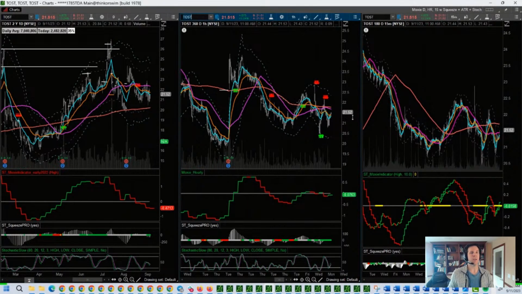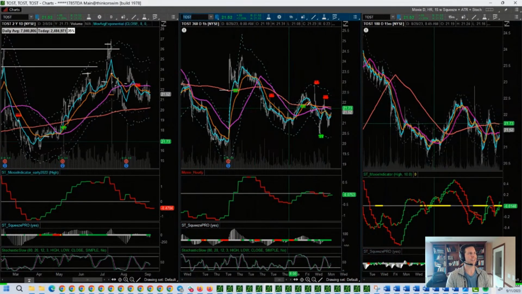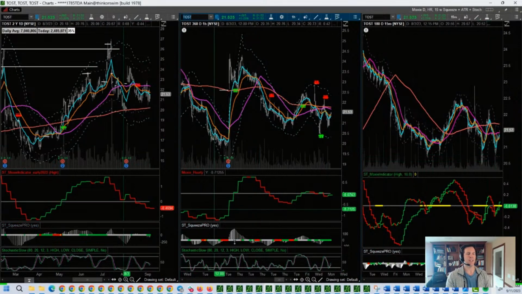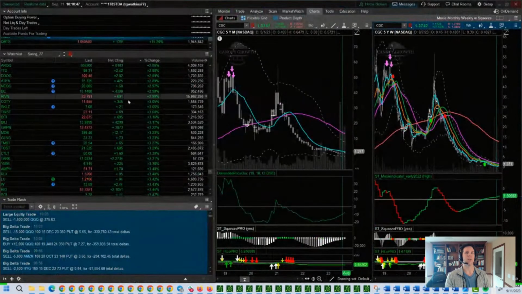So that's why sorting them that way can lead you into some things, but it does not tell the entire story. Toast looks great if you sort through big movers for the day, but if you look at the chart, it's not really doing much. And yeah, that's how that works there.